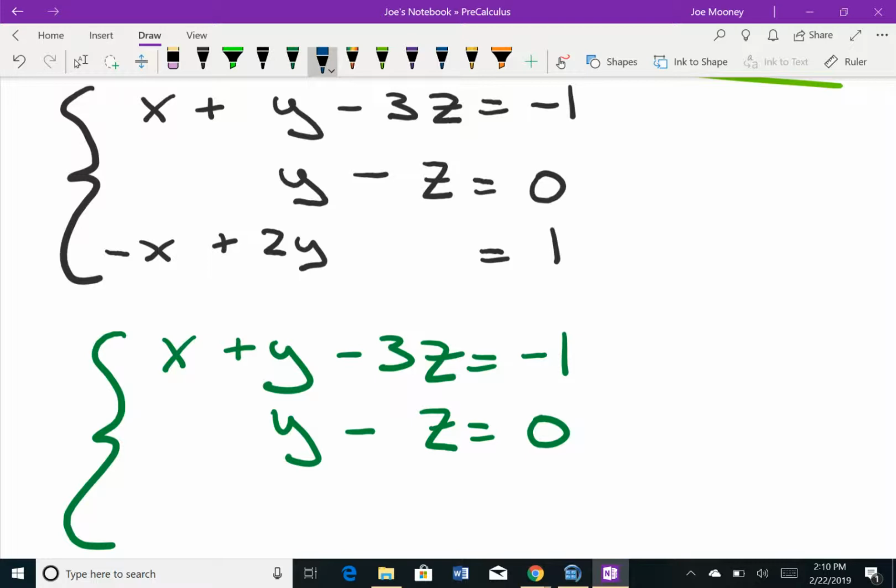This is going to be crucial. So this line that I'm going to create here is the new equation generated by adding equation 1 plus equation 3.